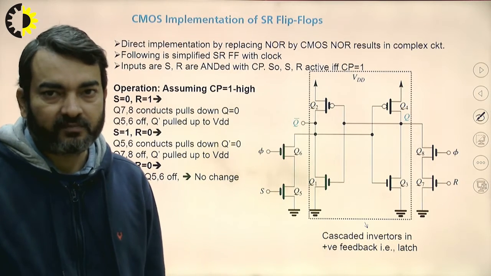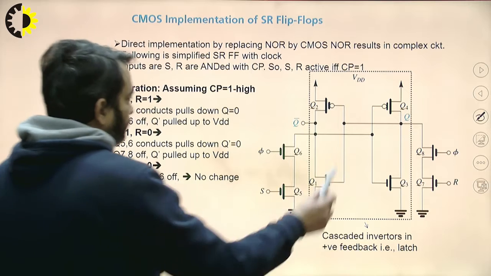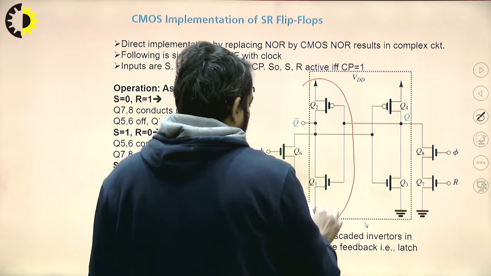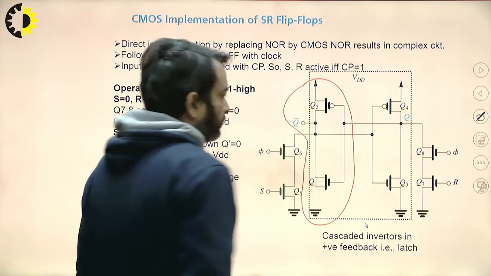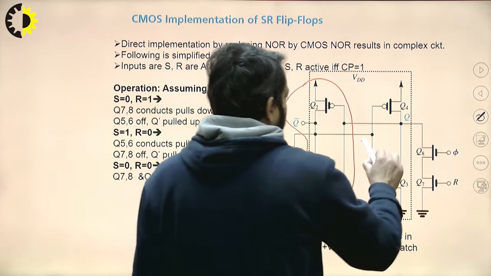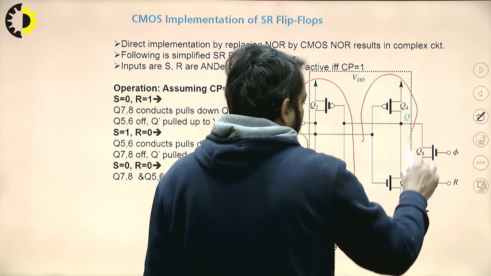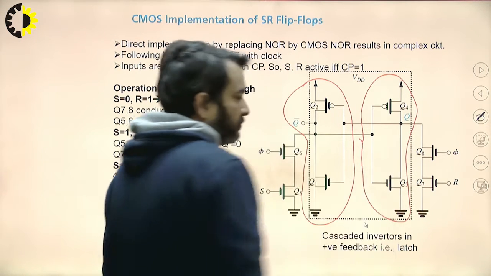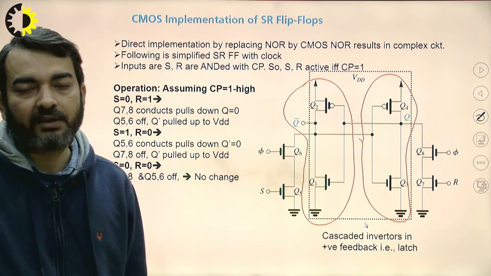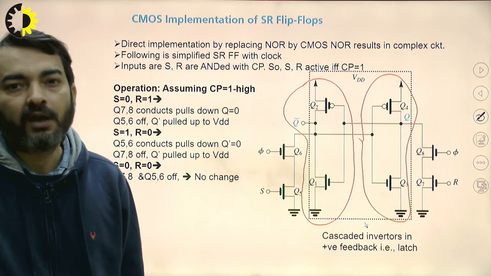So here, if we see, this is the CMOS structure of an inverter. One inverter, and then this is another inverter. The output of one inverter is connected to the input of the other inverter.